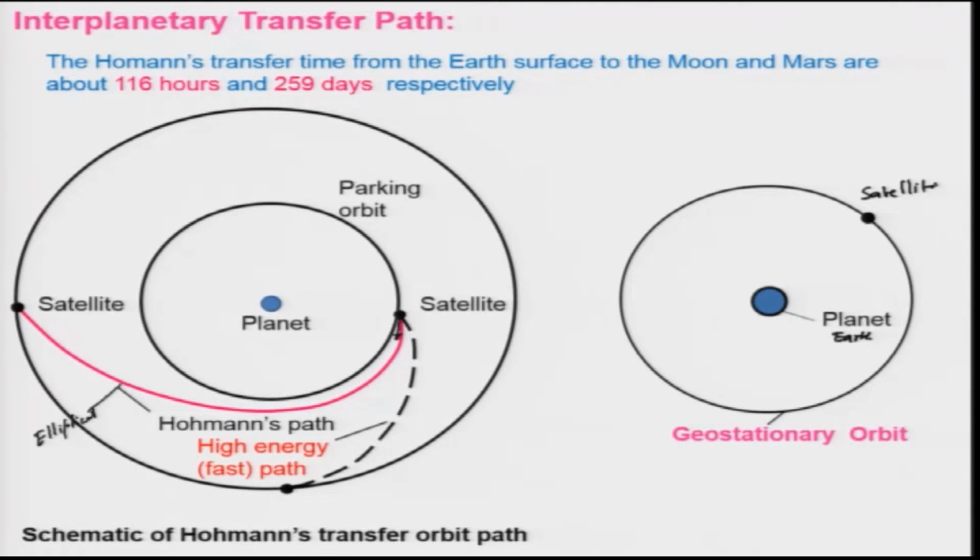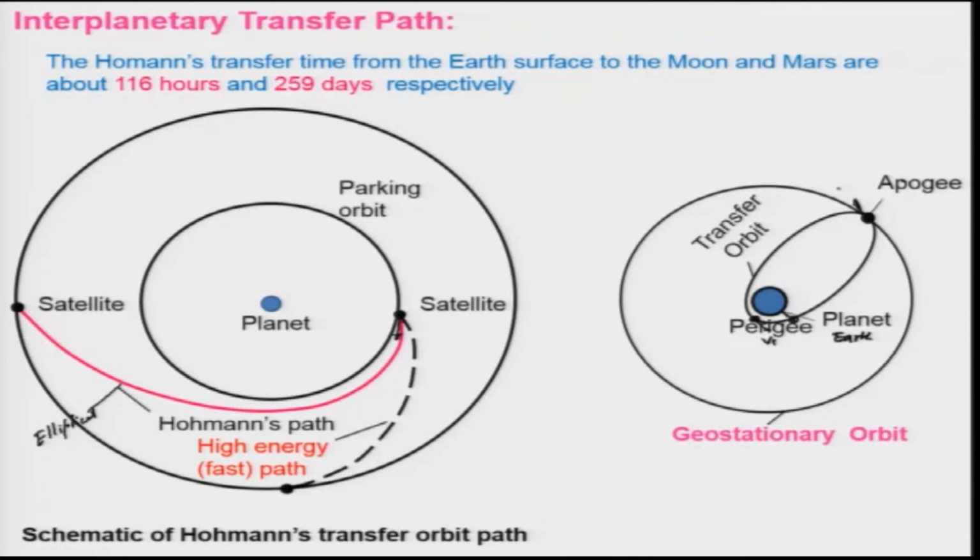A satellite can be launched from somewhere, let us say here, and placed in this place, and this is your perigee. The perigee will have a very high velocity Vp, and then it will get into the apogee, which is known as apogee, this portion.